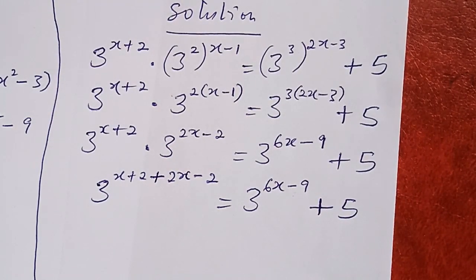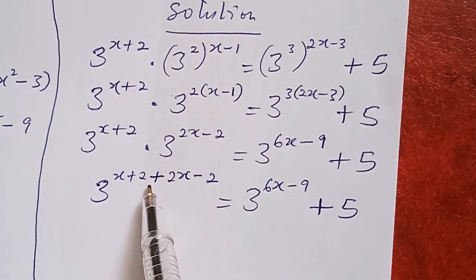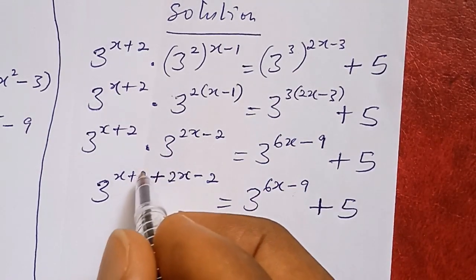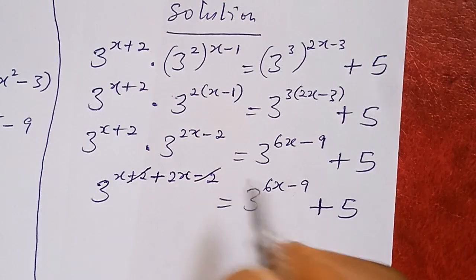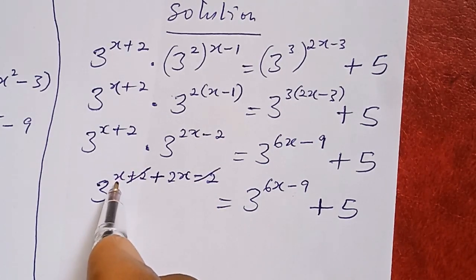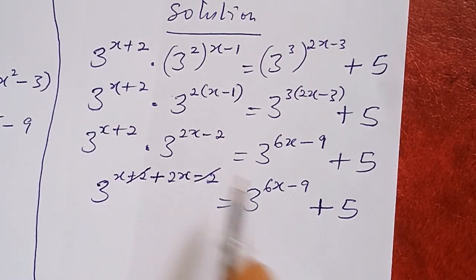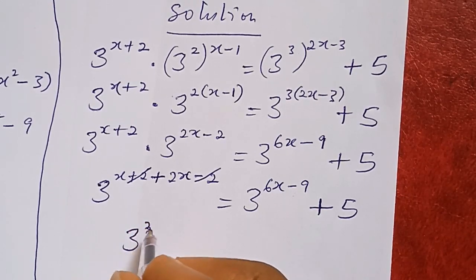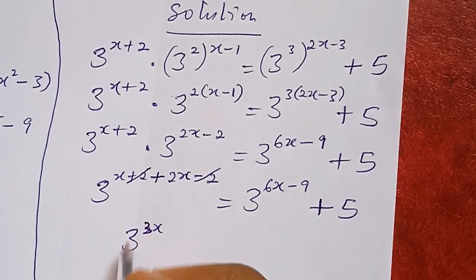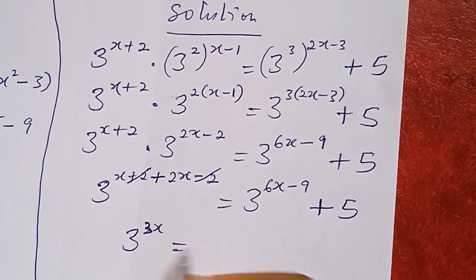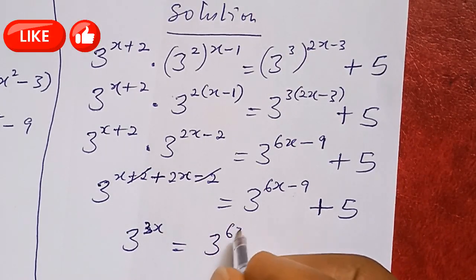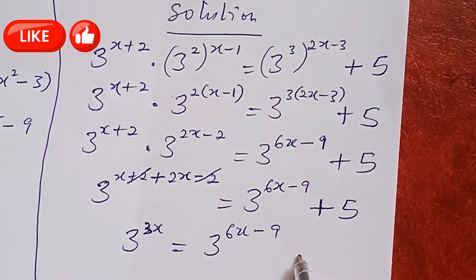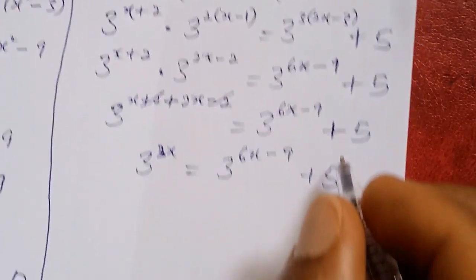So from here we can simplify the exponent over here. This plus 2, we go with this minus 2, then x plus 2x will be given as 3x, 3 raised to power 3x equals 3 raised to power 6x minus 9 plus 5.